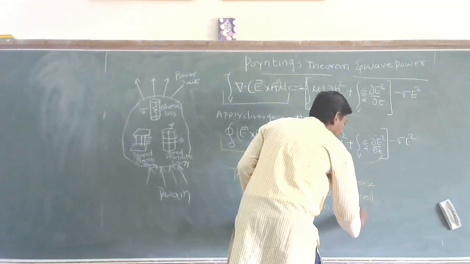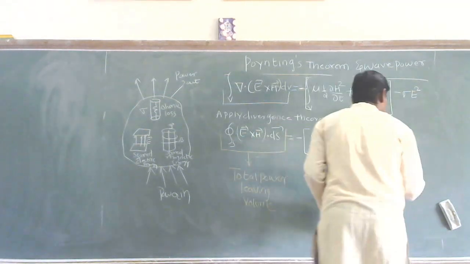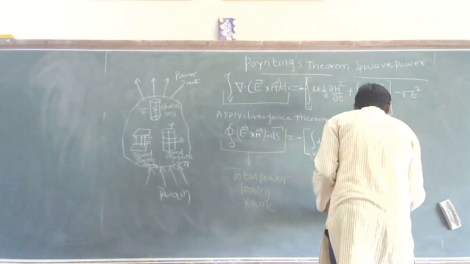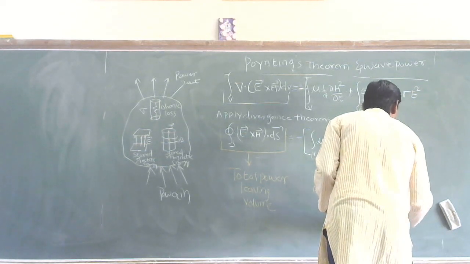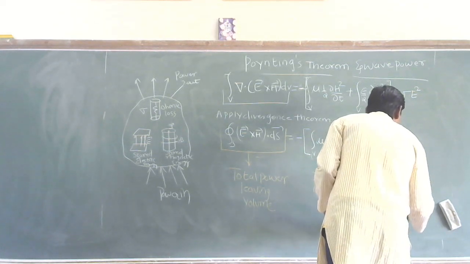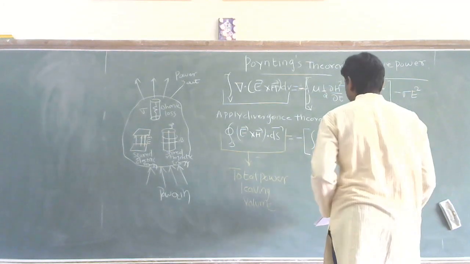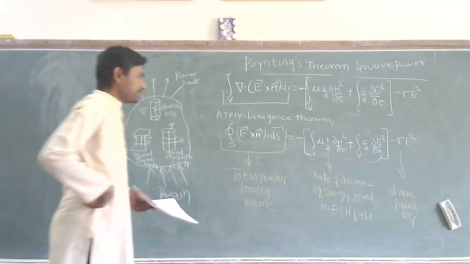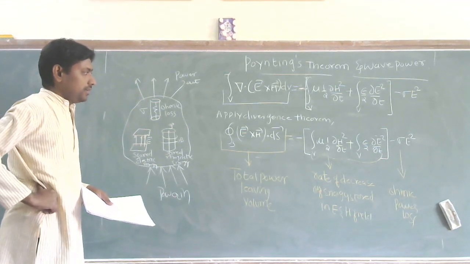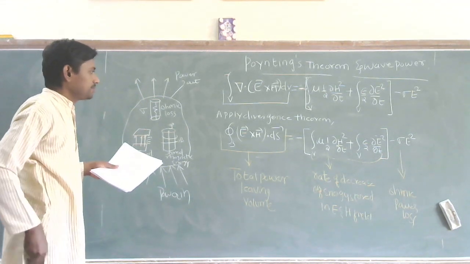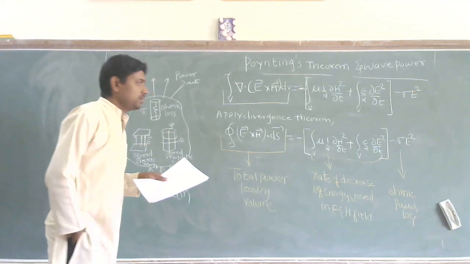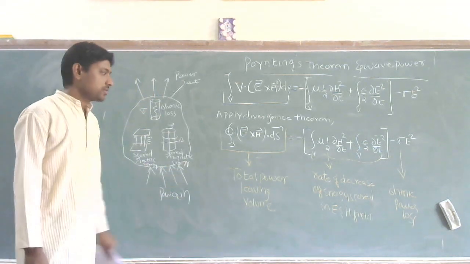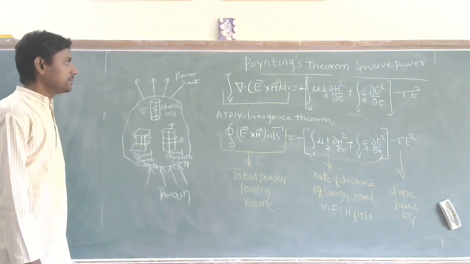And this is a loss, that is the ohmic power loss. This is Poynting's theorem.